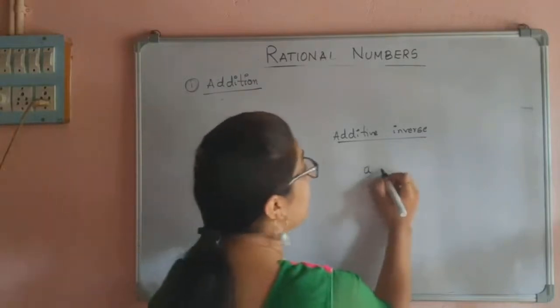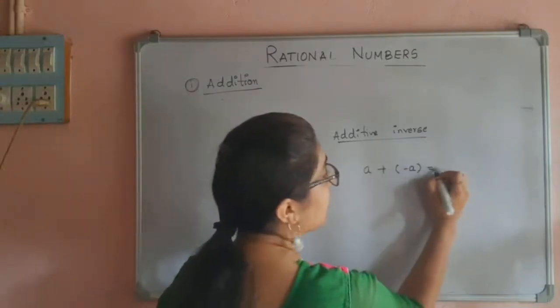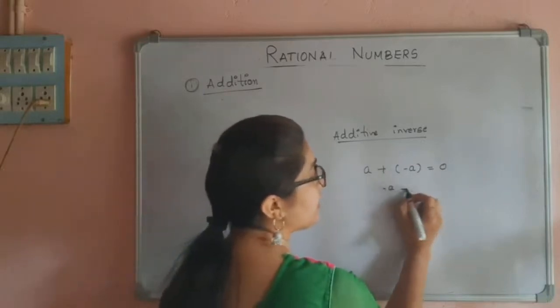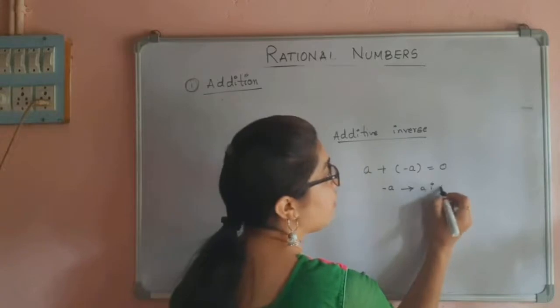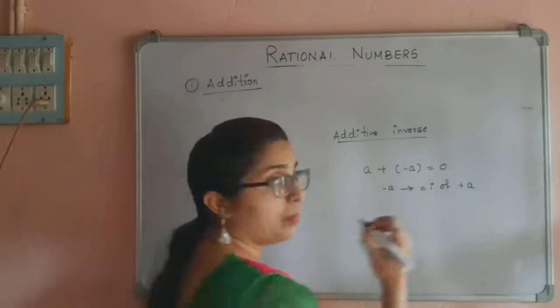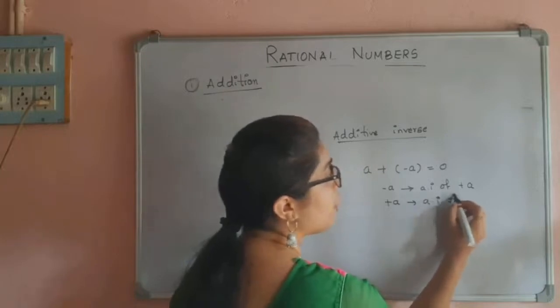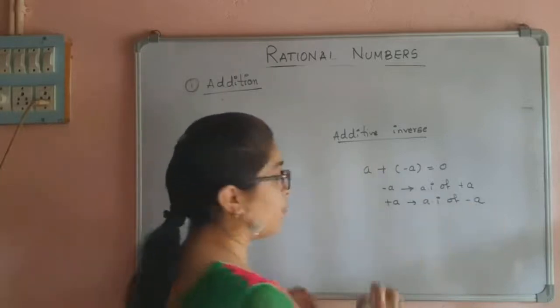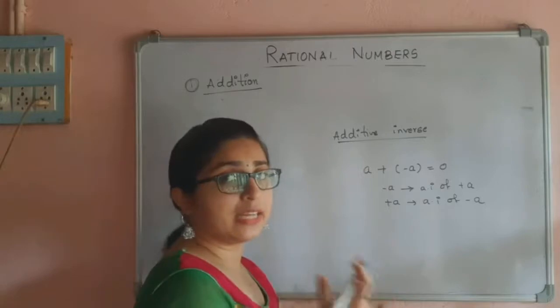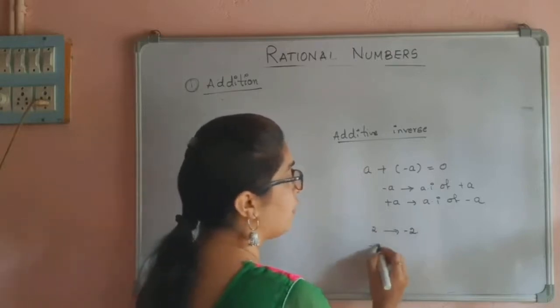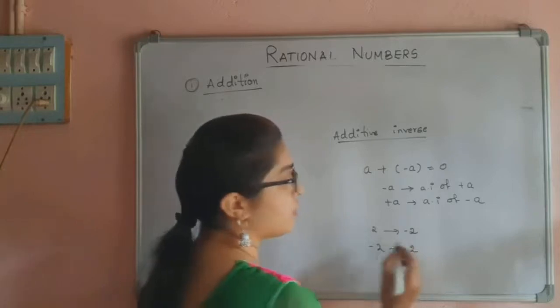For example, a plus minus a is equal to 0. So minus a is the additive inverse of plus a. Similarly, plus a is the additive inverse of minus a. So if I consider integers, 2 is the additive inverse of minus 2. Minus 2 is the additive inverse of 2.